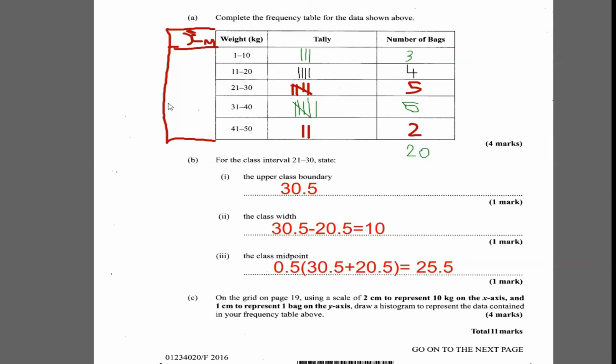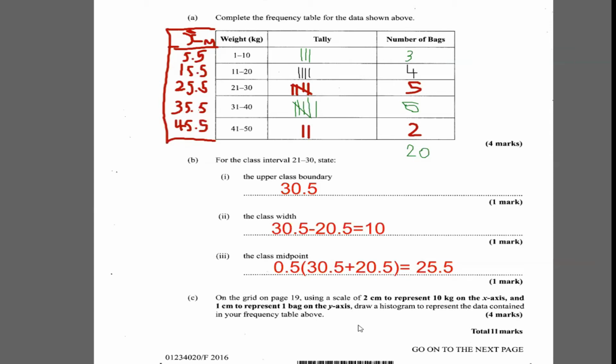If this is 25.5 and the class widths are 10, then I know above it is 15.5 and above it is 5.5. And then going down, it's going to be 35.5, and going down one last time will be 45.5. Nice and easy.